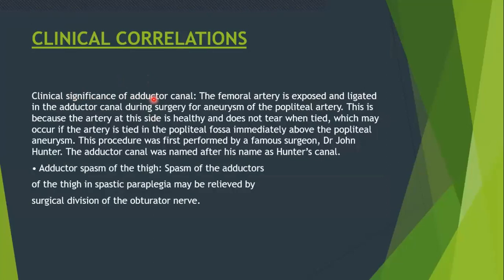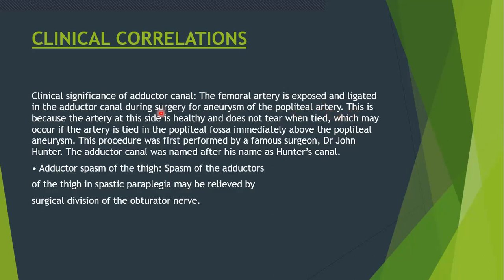Now the clinical significance of the adductor canal. The femoral artery is usually exposed and ligated in the adductor canal during surgery for aneurysm of the popliteal artery. Remember, the popliteal artery, as we said, is the artery that has the greatest risk of developing aneurysm in the body. So where will you ligate the femoral artery? At the adductor canal.